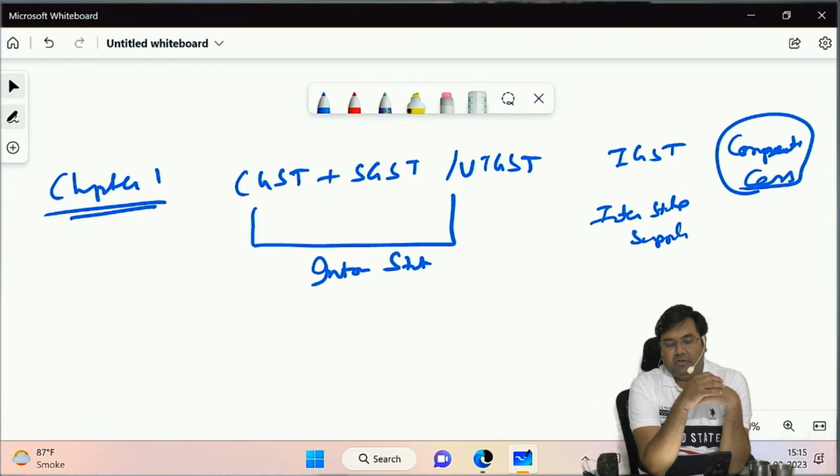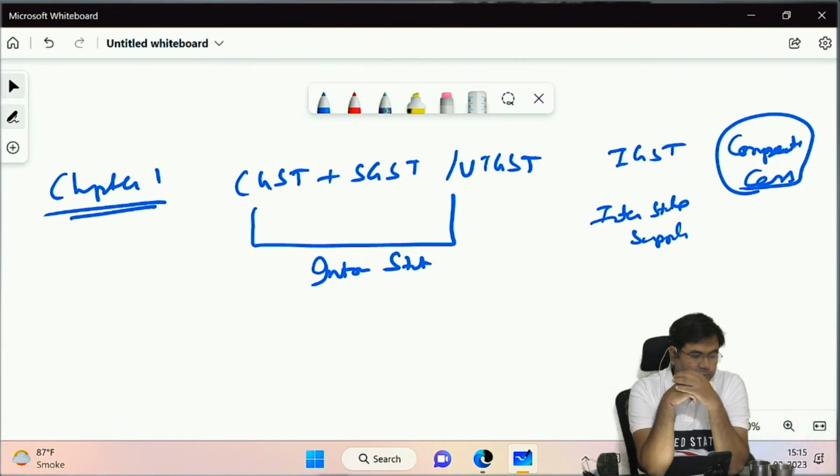So aggregate turnover includes taxable supply, non-taxable supply, but this is not the correct way. How are you going to remember? Taxable supply, exempt supply, where exempt supply definition includes nil rated, wholly exempt, and non-taxable supply, plus export. And the last one is interstate supply within the same PAN, basically distinct person supplies.